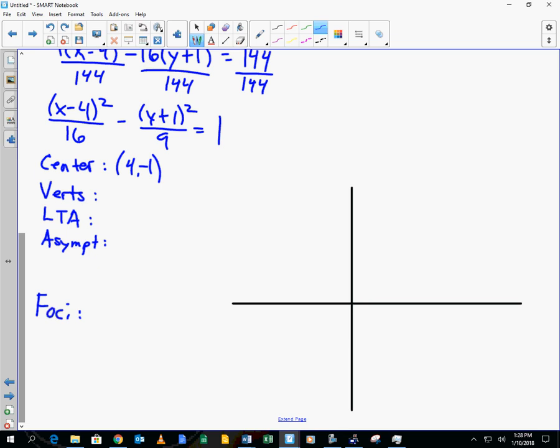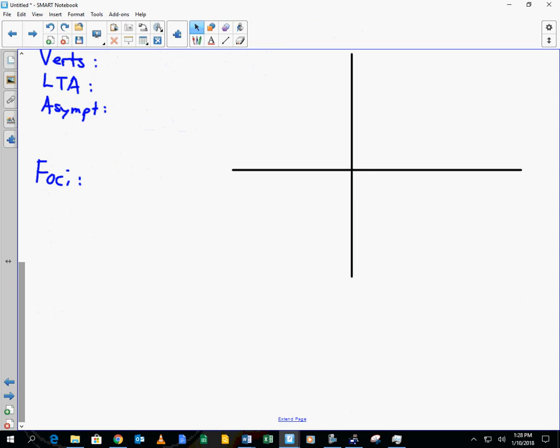So I'm going to make a 10 by 10 graph. So I'm going to plot (4, -1).